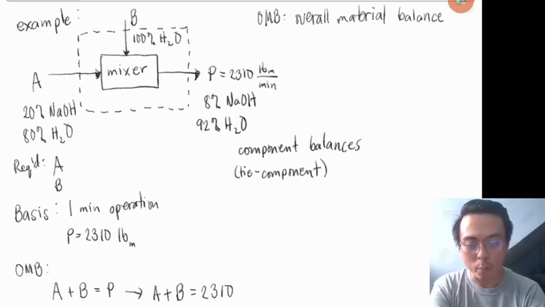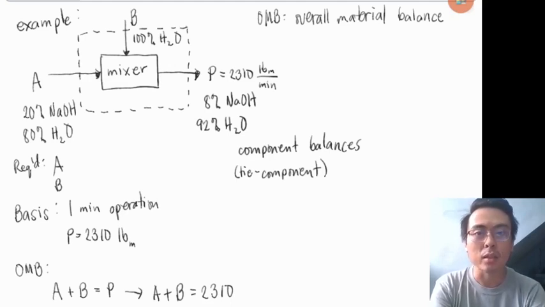If you take a look at our process, if you consider our two components, let's first start with water. Water goes in at streams A and B, and it goes out at stream P. So therefore, we can say that water is not a tie component because it goes in through two streams and comes out through one stream. Okay?